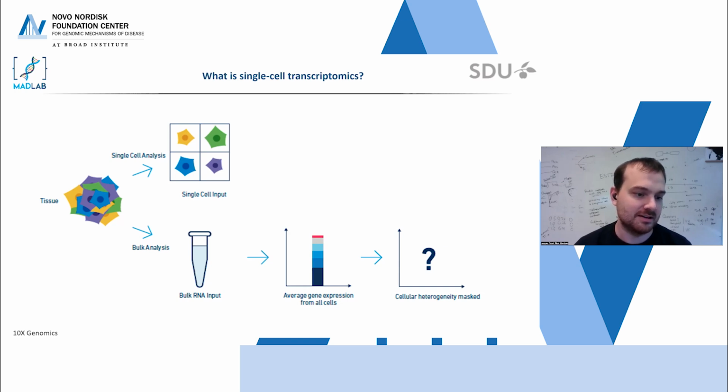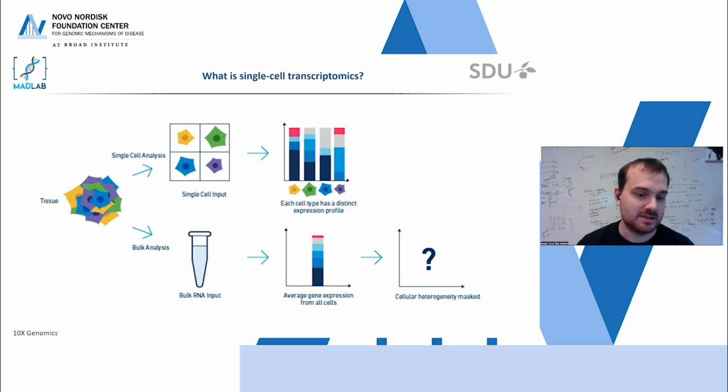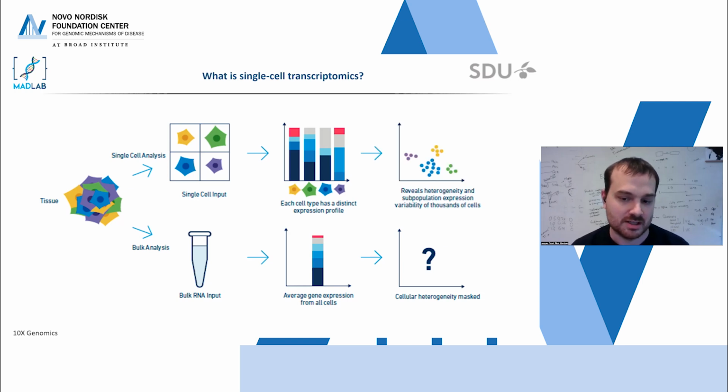And here we are dispersing the tissue into single cells, or single nuclei, and we're then doing transcriptomics in each cell to measure the transcriptomes of each cell. This allows us to do many types of analysis, for example, reveal the heterogeneity and subpopulation expression. It of course has some caveats, which is what I will talk about today.